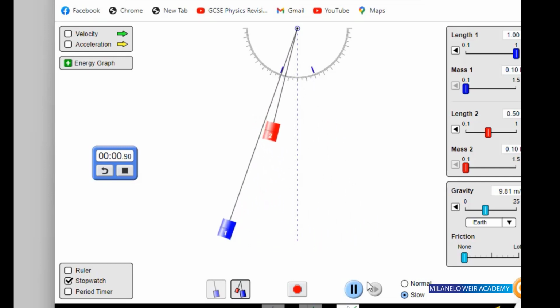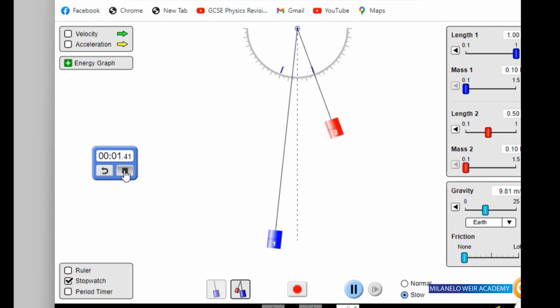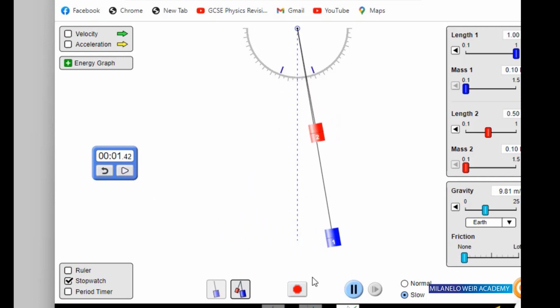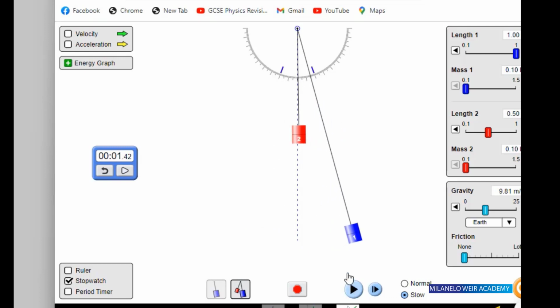It's coming back, it's coming back. Stop. You see, the red one took 1.42 seconds. It has arrived and it is going back, but this one hasn't arrived. So length has an effect.